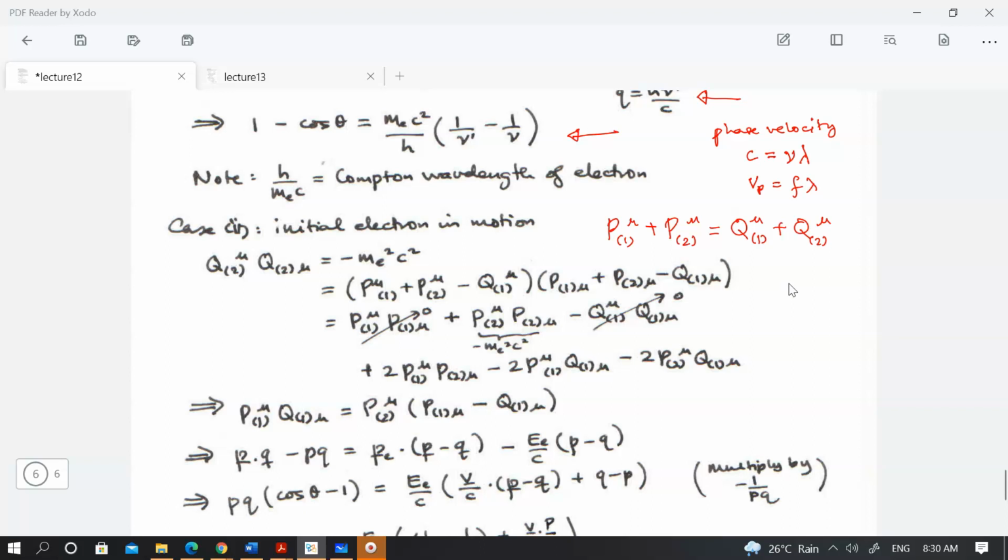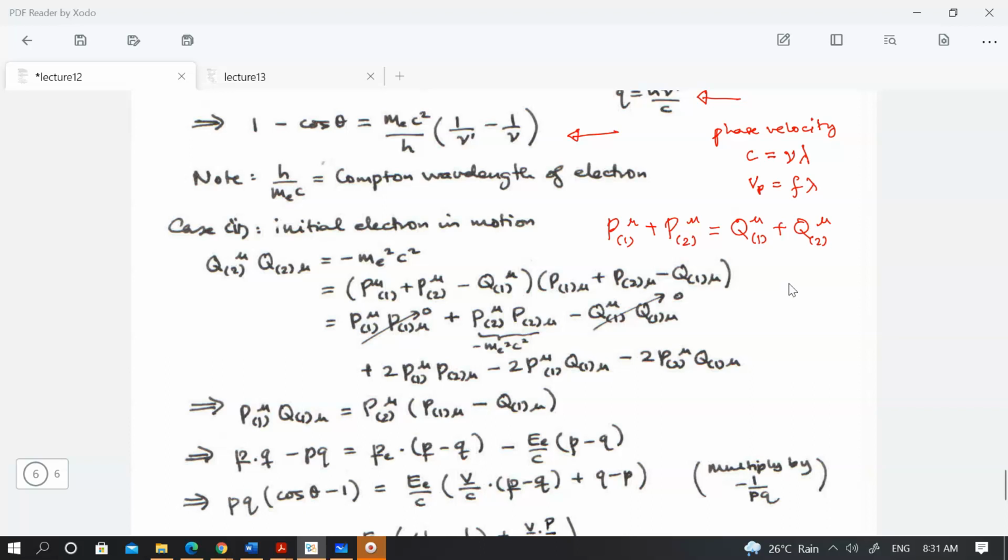Even if it's moving, the scalar that you get will be the same thing as the rest mass of the electron squared times c squared with a minus sign. So in the end this will cancel off with that. What's left from the multiplication of these two quantities is the cross term.